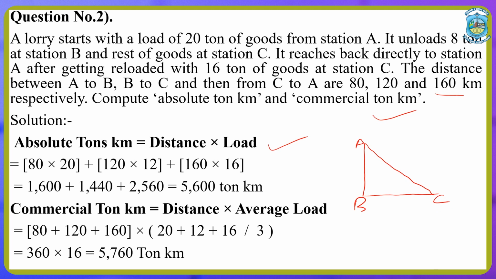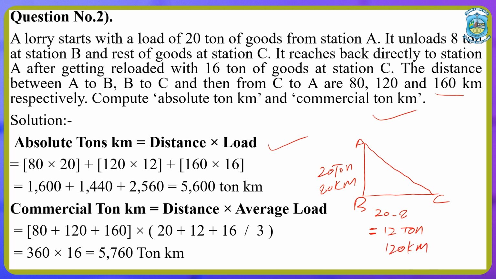A to B, it carries 20 tons and the distance is 80 kilometers. B to C, what it carries is the 20 tons from A to B minus the 8 tons unloaded, so the rest is 12 tons, and the B to C distance is 120 kilometers.